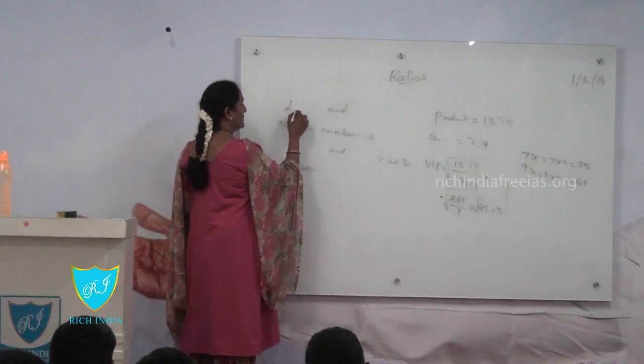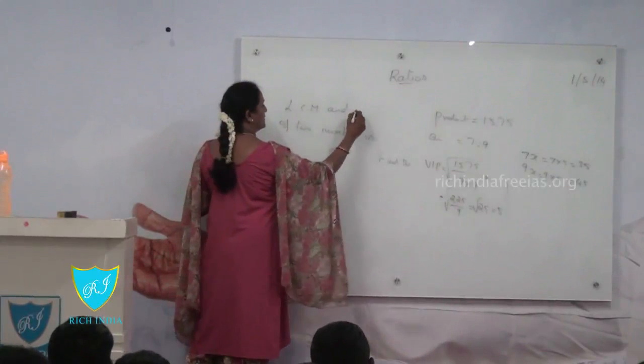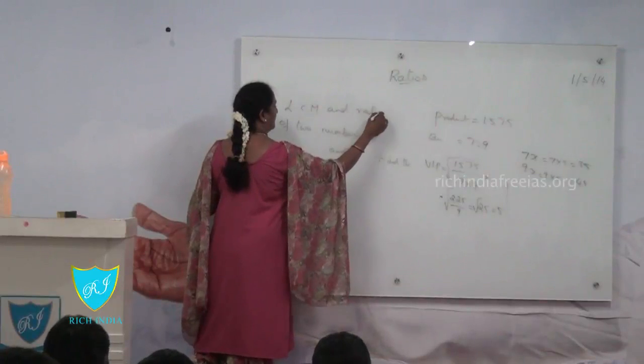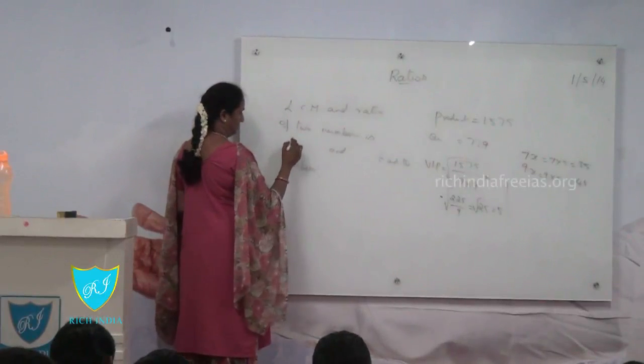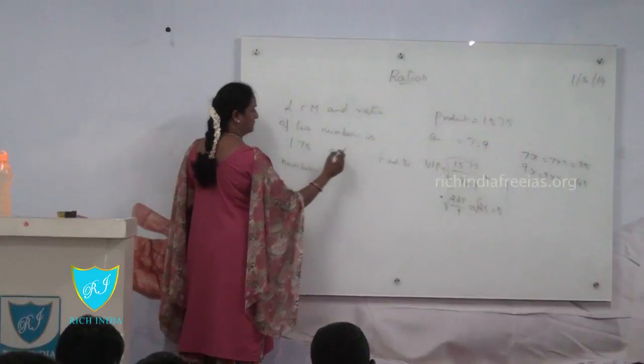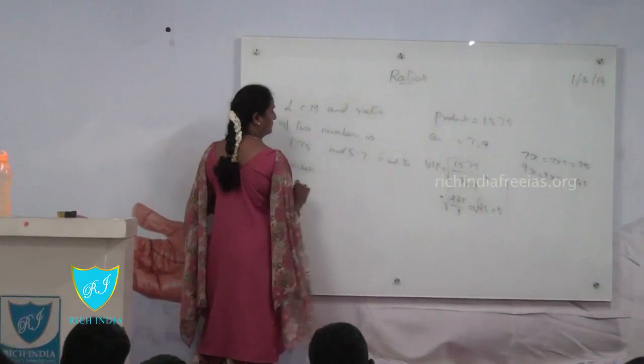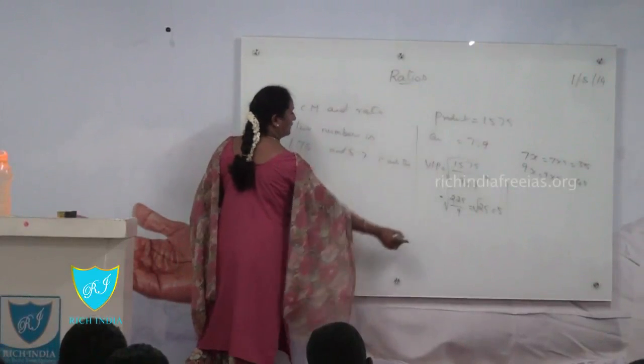Suppose LCM and ratio are given, then find the numbers.